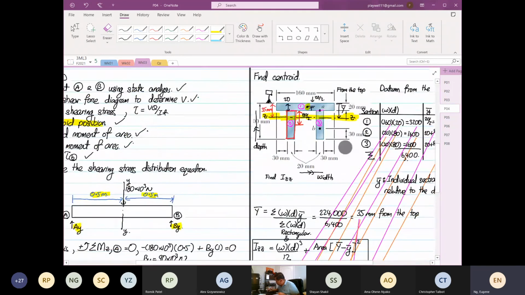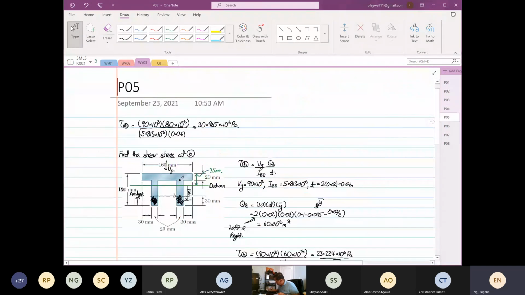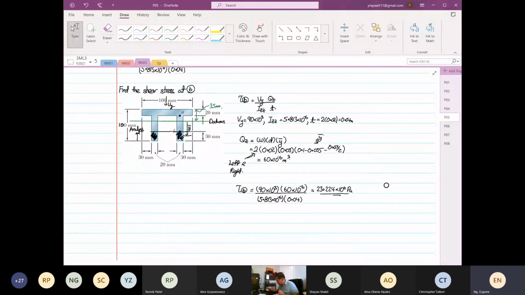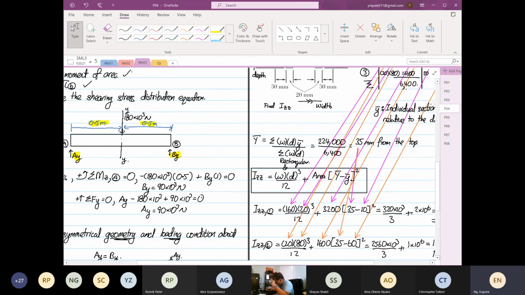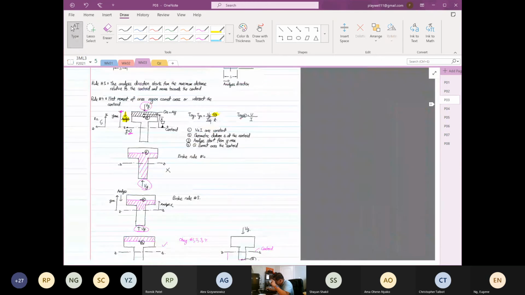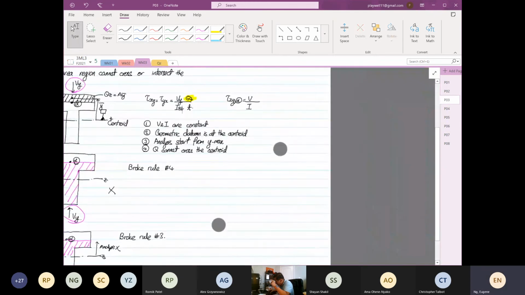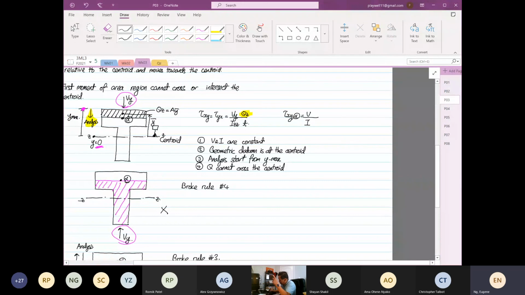The most important thing today, if I can get you all to understand how to find the first moment of area and second moment of area, we are winners already. The critical things you see are the 4 rules over here: I equal to B and R constant, geometric data at the centroid, analysis starts from the y-axis, and the first moment cannot cross the centroid.